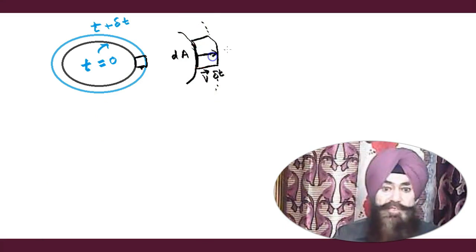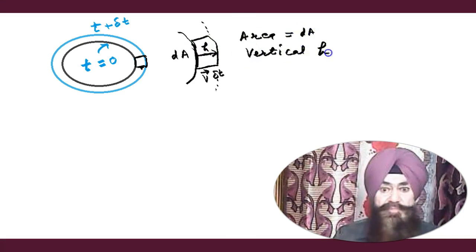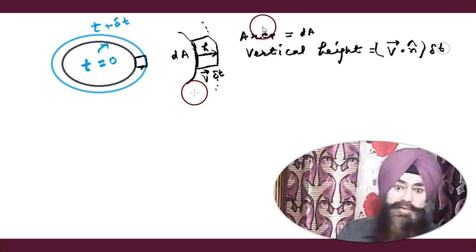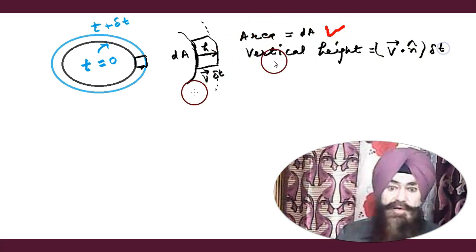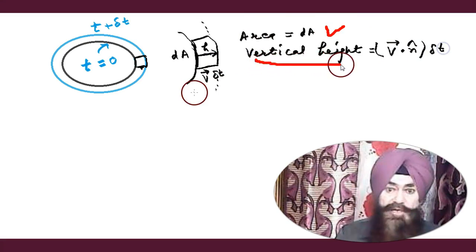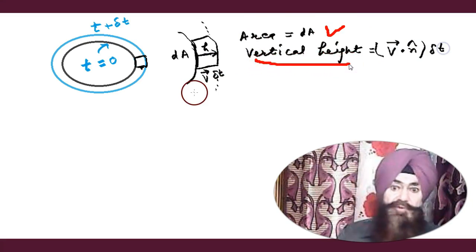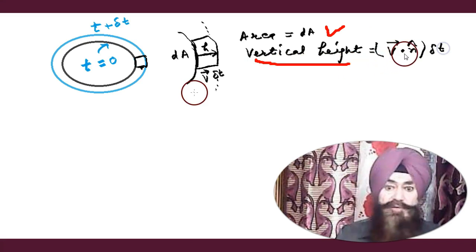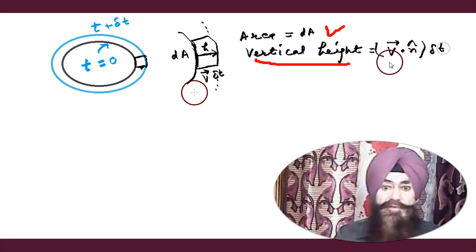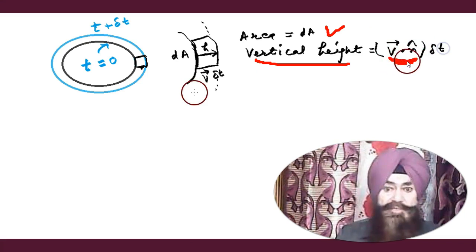Now the volume enclosed by the element, how much? Consider one thing in mind: because this area is dA, we need the vertical height for the volume. For vertical height, there is a dot product of the velocity with the normal vector. This is the perpendicular component of the velocity, which is required for the calculation of the volume.